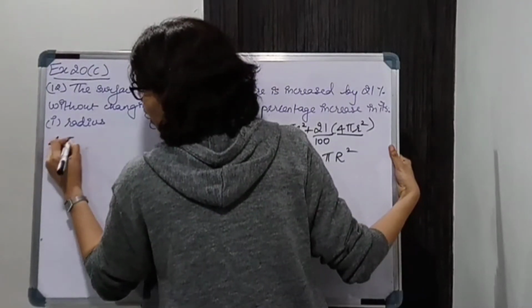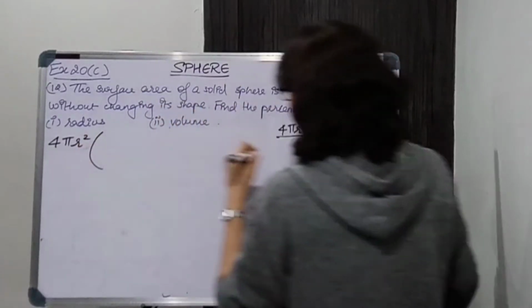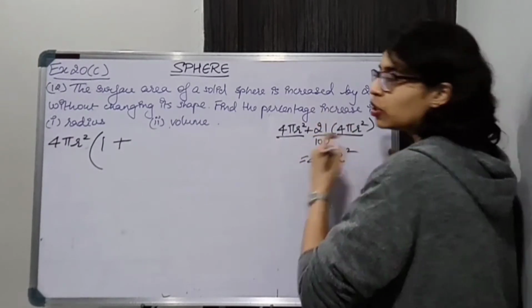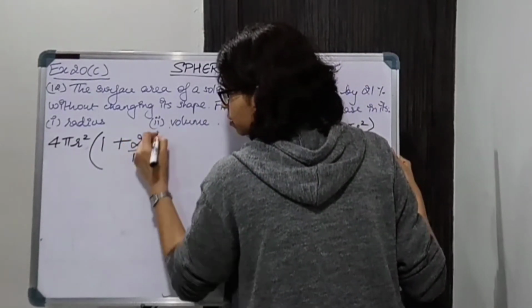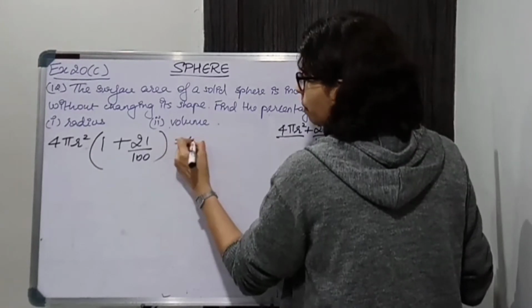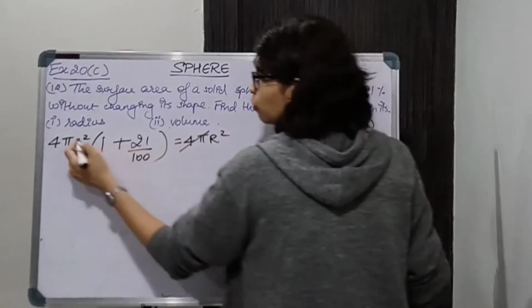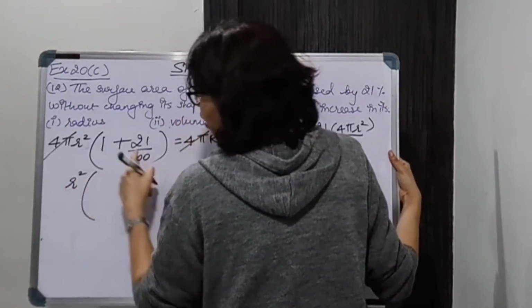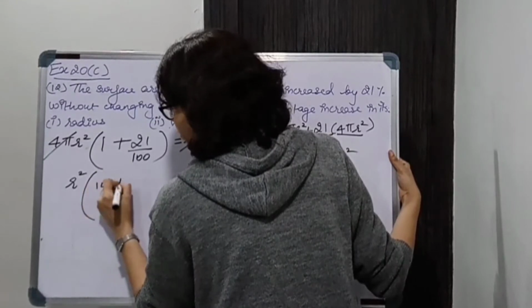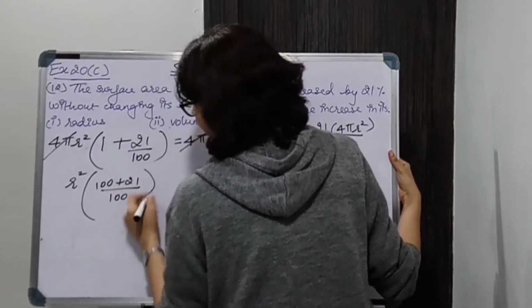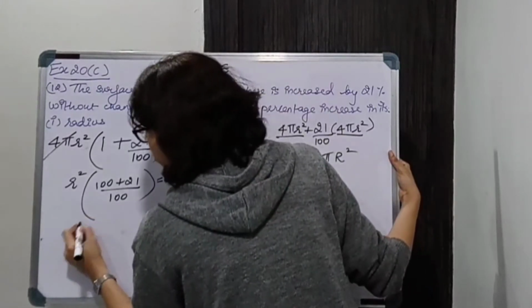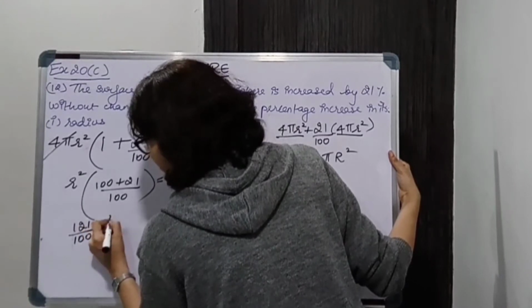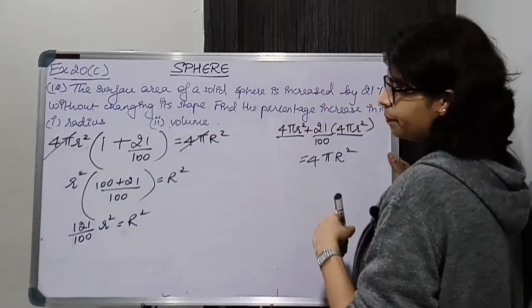We are left with, here nothing will remain, only 1 plus 21 upon 100, is equal to 4 pi capital R square. I can cancel out 4 pi. So r square, I'll solve this. 100 into 1 will give 100 plus 21 upon 100 is equal to R square. So 100 plus 21 gives 121 upon 100 into r square is equal to capital R square.